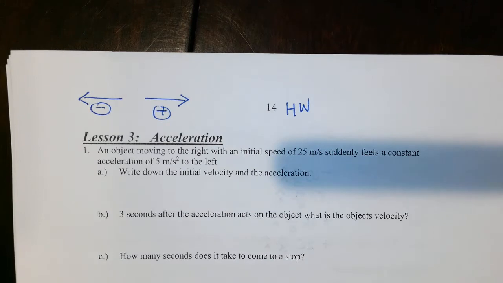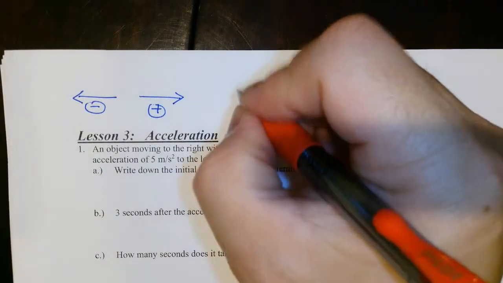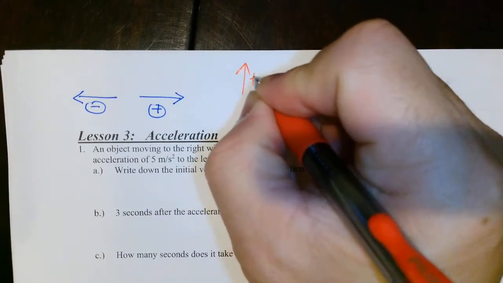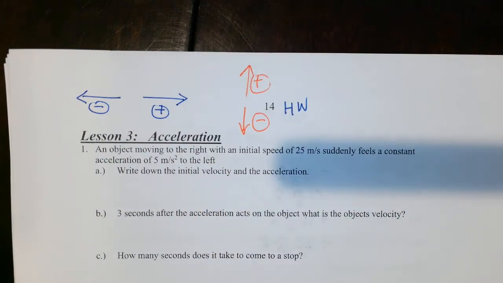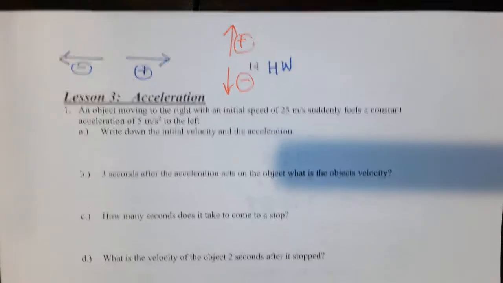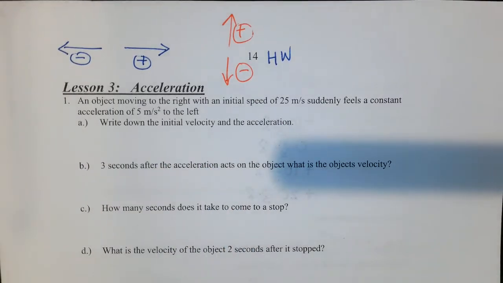We're also going to consider up to be positive and down to be negative. We should establish that right off the bat. We're going to keep this convention unless you're told exactly what direction is what, so this can be safely assumed.